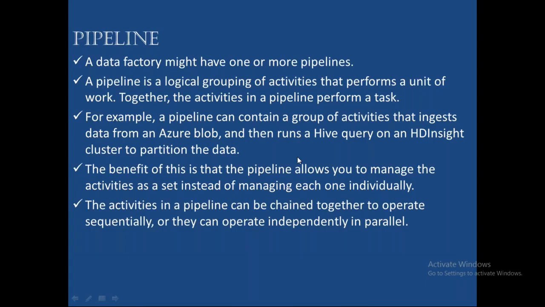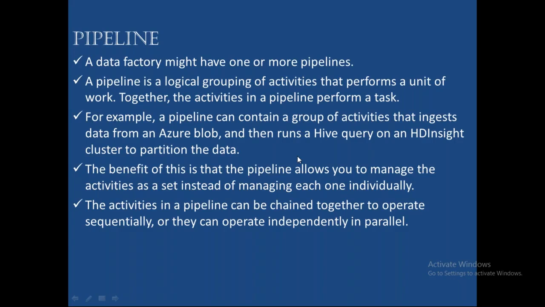Okay, next. The activities in a pipeline can be chained together to operate sequentially, or they can operate independently in parallel. This is a very important point, because in real time, to increase performance, this is one of the factors. Example, let's imagine I am copying data from blob storage 1 to blob storage 2. At the same time I need to copy data from data lake storage Gen1 to data lake storage Gen2.